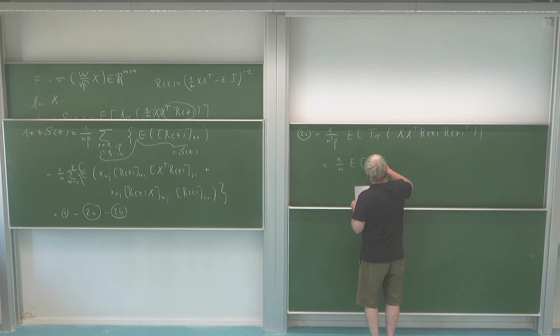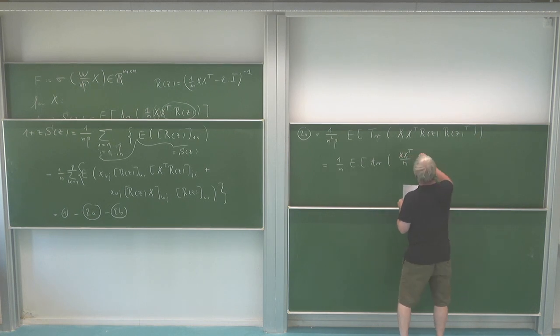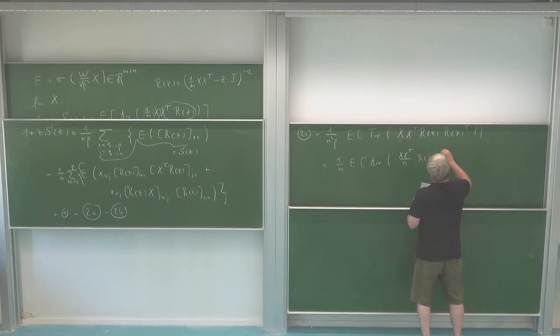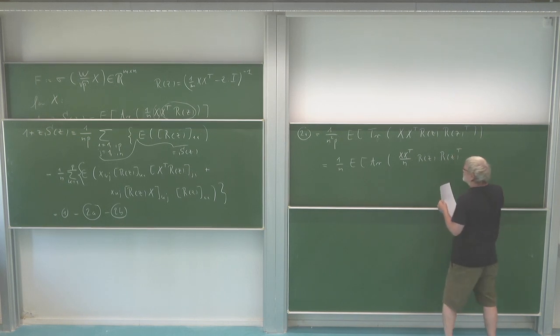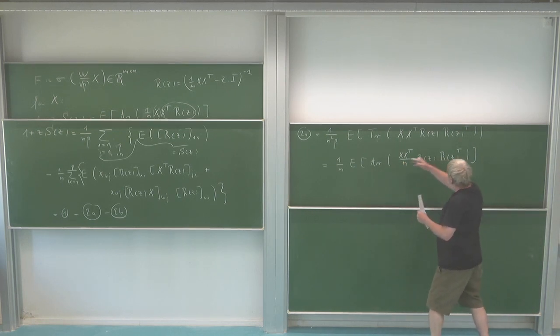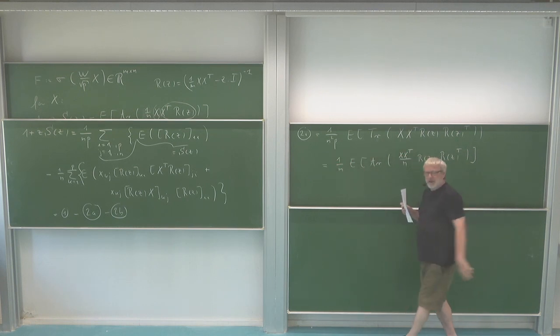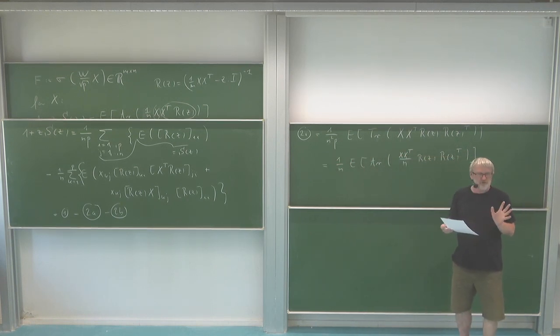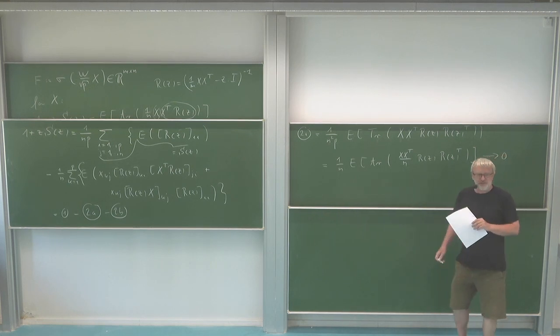This I change into the normalized trace, and here I write X transpose divided by N. Those guys are in the right scaling, so they have a limit. Dividing by N, asymptotically this goes to 0. So this is a term which disappears in the limit.